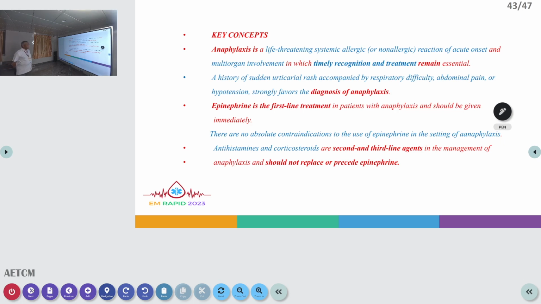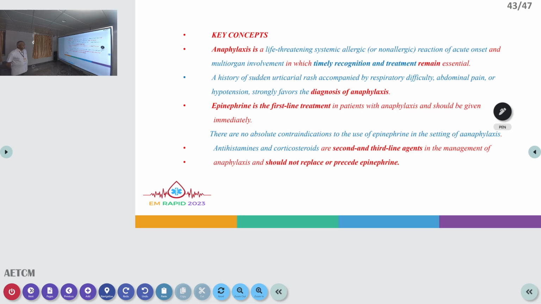If you suspect anaphylaxis, the first line of management is epinephrine. There is no absolute contraindication to epinephrine in the setting of anaphylaxis. You need not worry about any contraindication.